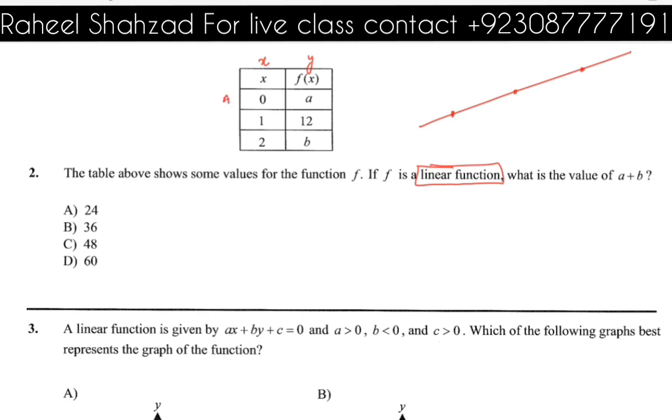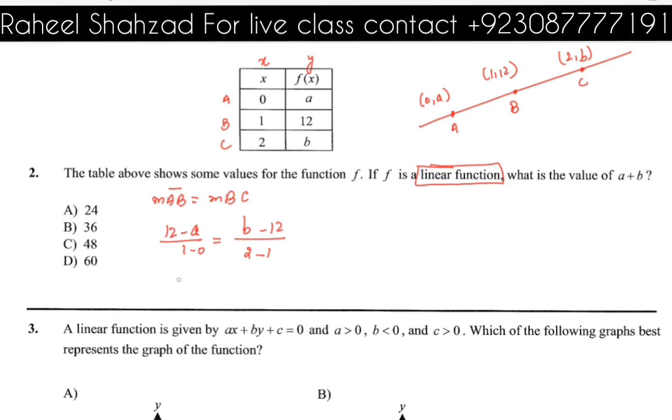So let's assume these are points A, B and C, that be (0, a), (1, 12) and (2, b). Let's name them A, B and C. We know that if this is a linear function, then the gradient of AB must be equal to the gradient of BC. So the gradient of AB is going to be (12 minus a) divided by (1 minus 0) equals the gradient of BC, (b minus 12) divided by (2 minus 1).